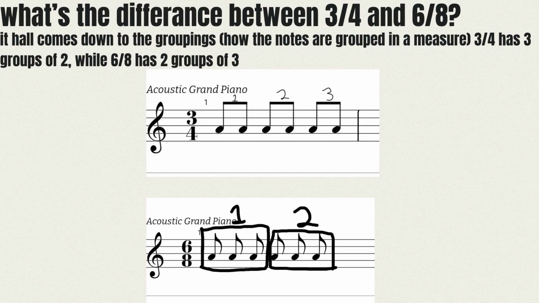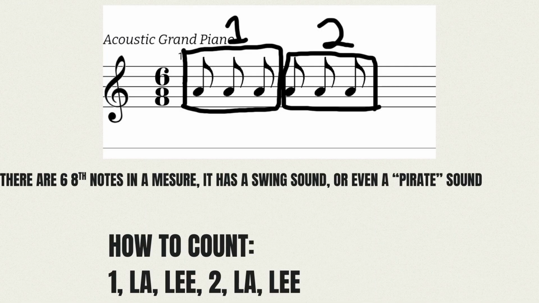With 3/4, you see 6 eighth notes, but it's 3 groups of 2. With 6/8, it's 2 groups of 3, so there's a slightly different feel to it. The way you would count 6/8 is 1 2 3, 2 2 3, because it's 2 groups of 3.